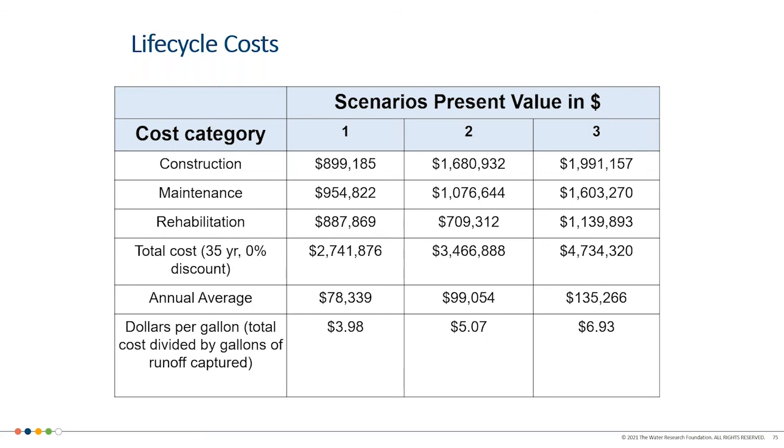You have the option to add a discount value as well, which the guidance manual describes why or how you might want to add a discount value when you're doing these life cycle costs over different time frames. Again, here's the average annual cost. It allows you to see, like, over a 35-year planning horizon, what are your average annual costs? And then you can calculate the dollars per gallon. In this case, it's dollars of runoff reduced per gallon. So next slide.